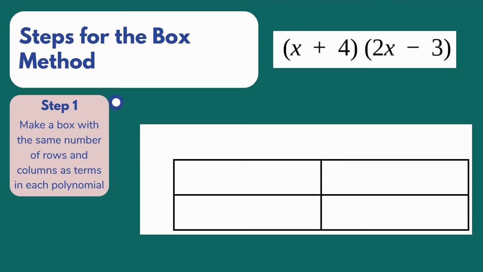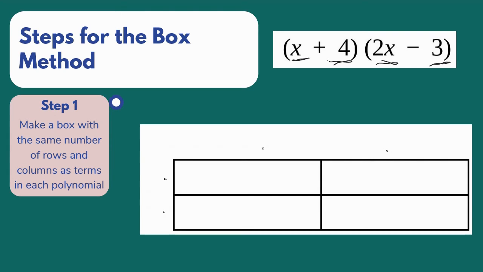Step 1 of the box method says create a box that has the same number of rows and columns as terms in each of your polynomials. Because I am multiplying a binomial with two terms by another binomial that also has two terms, my box has 2 rows and 2 columns, so that I can take the terms that I have in my parentheses and write them on the side of this box and on the top of this box.